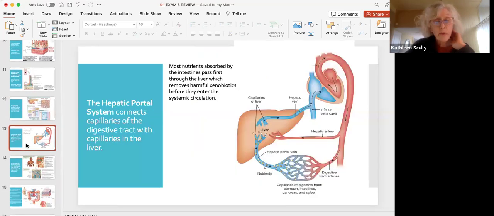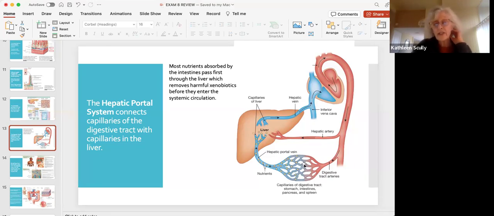The liver is important, and one of the basic functions of the liver is to detoxify the blood. The way that works is there are capillary nets. We were just looking at capillaries in one of the villi in the small intestine, but there are capillary nets all around the digestive tract.